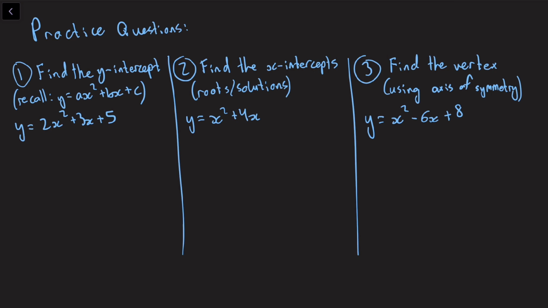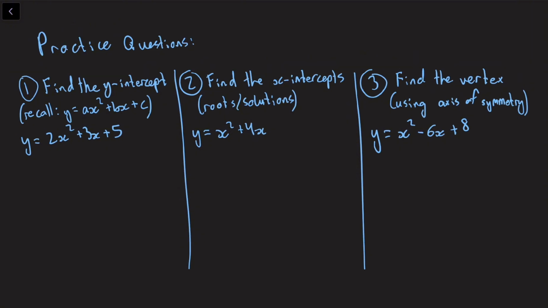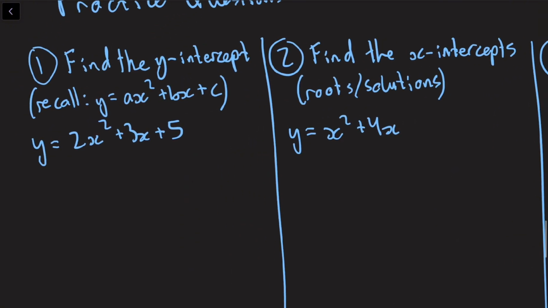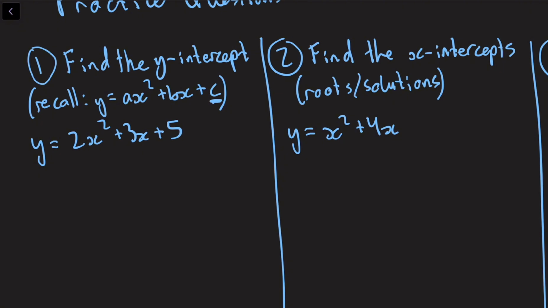I'd encourage you to pause the video and try these for yourself, and then unpause when you are ready to see the solutions. So the first question is asking us to find the y-intercept, and I'm giving you guys a little bit of a hint by showing you guys the standard form. Ax squared plus bx plus c is a quadratic. So the c is actually the value of the y-intercept.